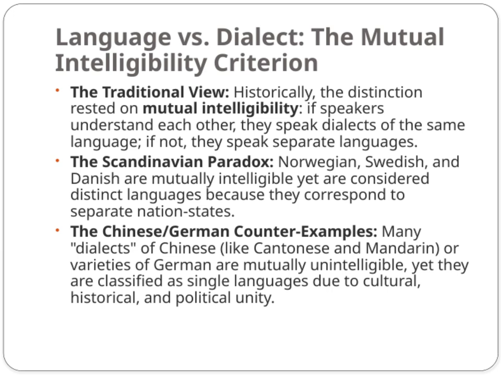This brings us to the core issue. The distinction between language and dialect isn't just about how well people understand each other. It's also shaped by cultural, historical, and political factors. So, the mutual intelligibility criterion, while useful, isn't always enough to define what a language really is.